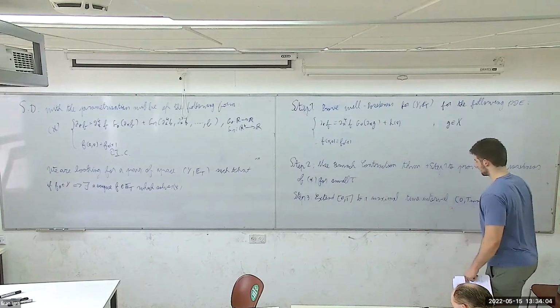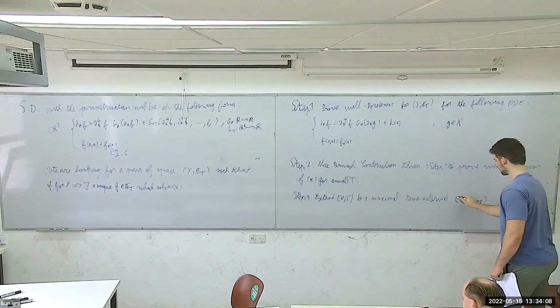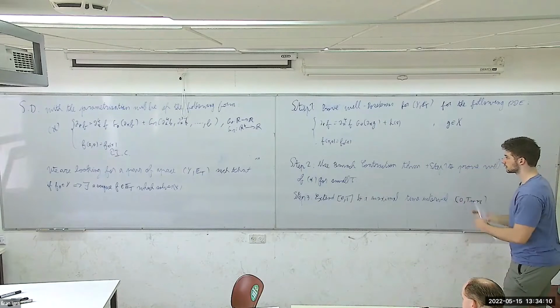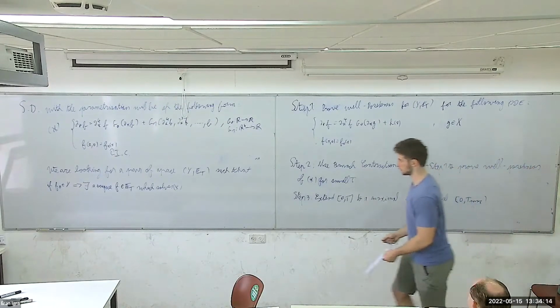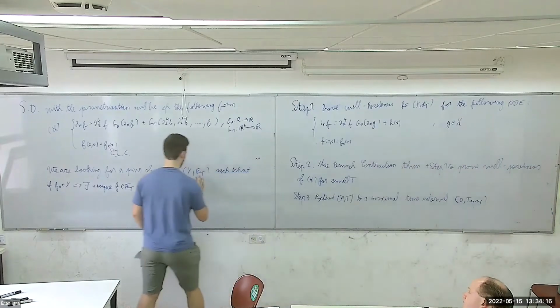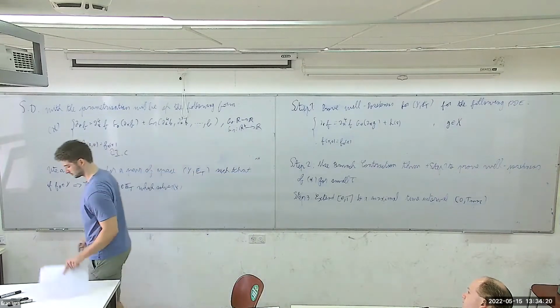And so what does it mean to be a maximal time interval? It means that beyond that interval, there is no well-posedness in spaces of this form, of the form of ET. And we'll define now how the spaces look like.